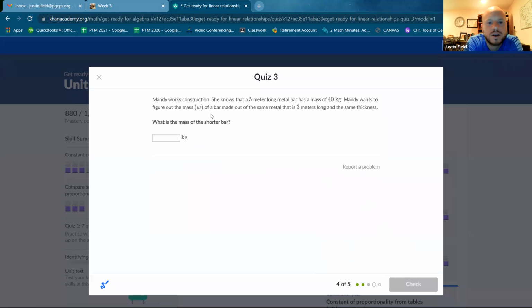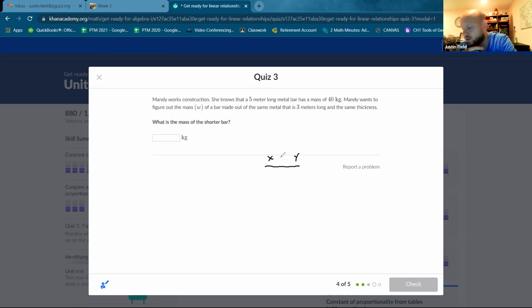Mandy works construction. She knows that a 5-meter long metal bar has a mass of 40. Mandy wants to figure out the mass of a bar that's 3 meters long, the same thickness. What is the mass of the shorter bar? And so they are proportional, right? We can solve this in many ways, using the same type of things that we've been doing.